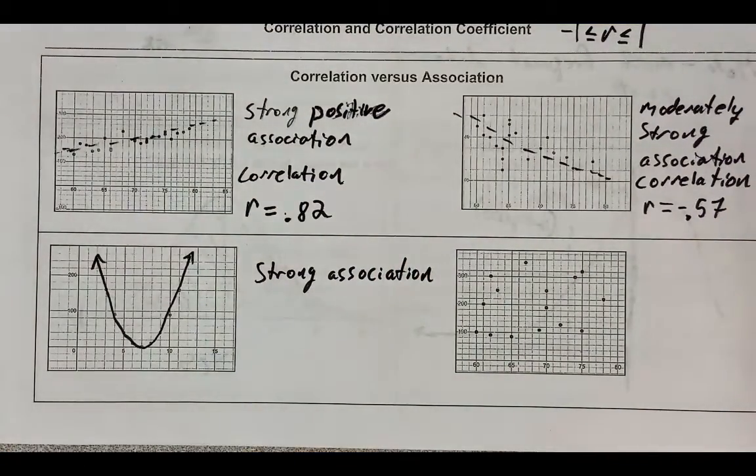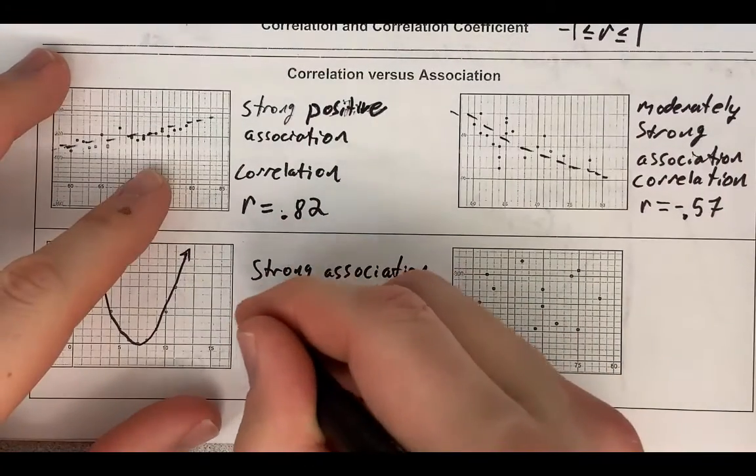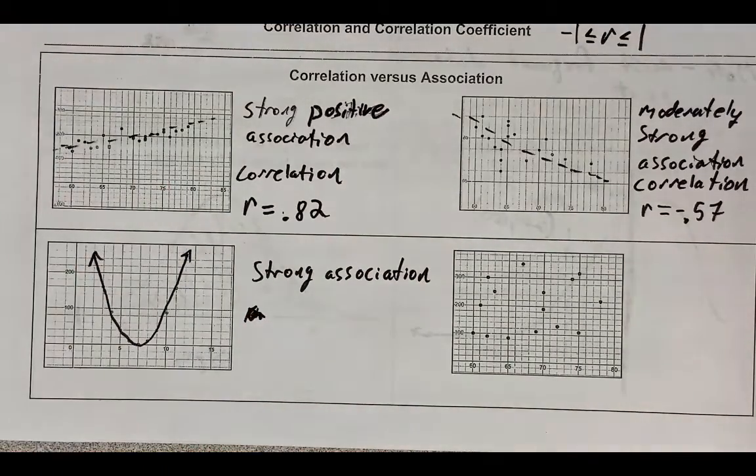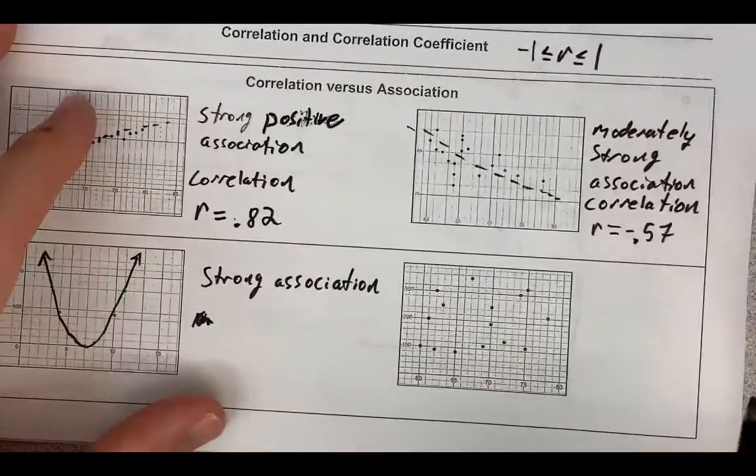There are ways to make quadratic, exponential, or logarithmic data linear so that we can actually talk about correlation. We're not going to get into that. But for now, all you need to know is that that is a strong association, but there's no correlation. Correlation just doesn't make sense in the context of data that is related in this way.